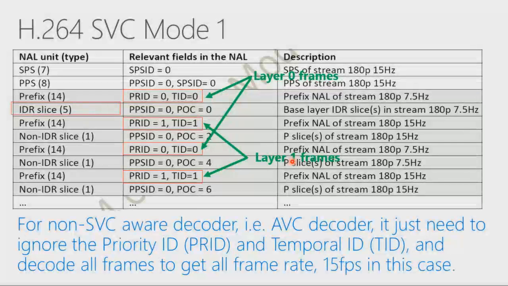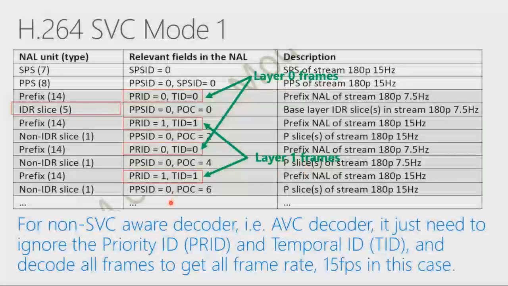One is on a very good connected link, and I can actually do 15 frames per second. Another one maybe on a 4G network, I can only do 7.5. Then actually the AVMCU, right? I receive this structure. I can say for the desktop client, I can send all these frames to the desktop client, and he can combine these two layers to form 15 frames per second.